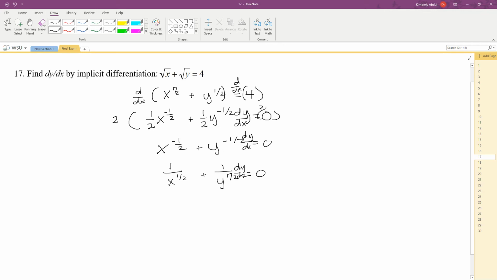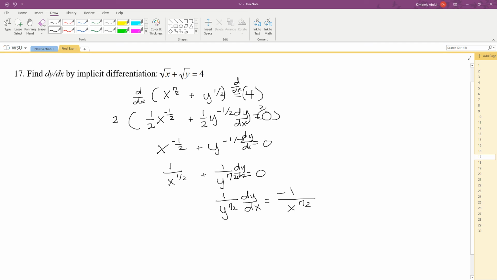Okay, so if I'm going to solve for dy dx, I'm going to subtract 1 over x to the 1/2 from both sides. So I'll have 1 over y to the 1/2 dy dx equals negative 1 over x to the 1/2.